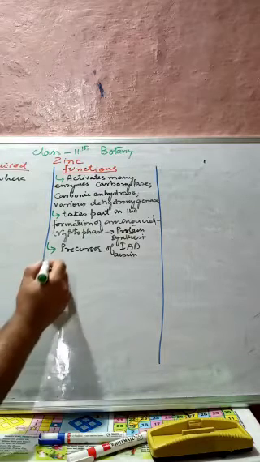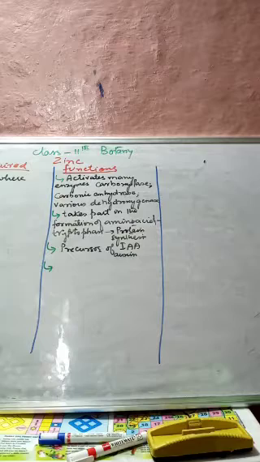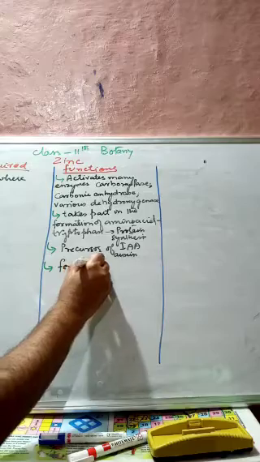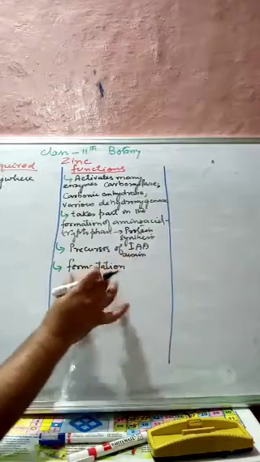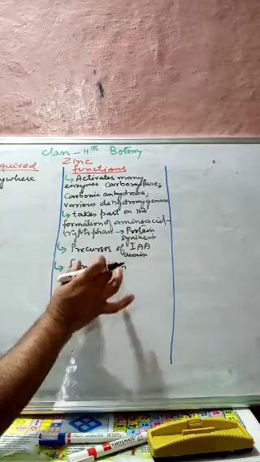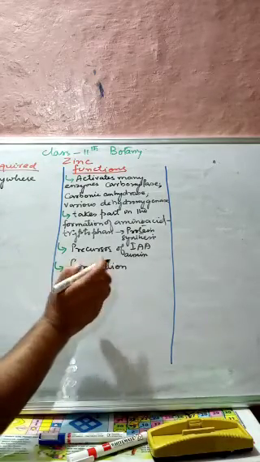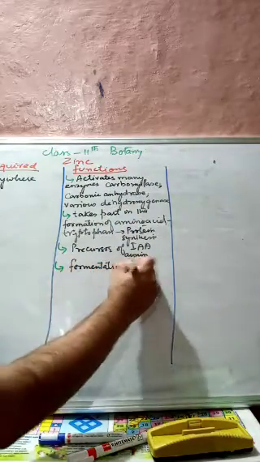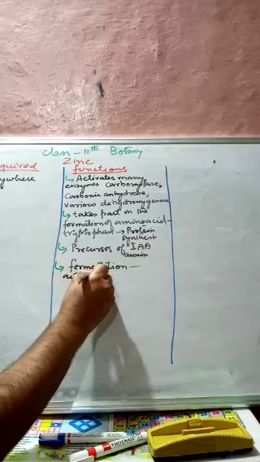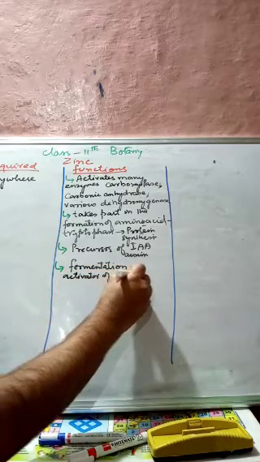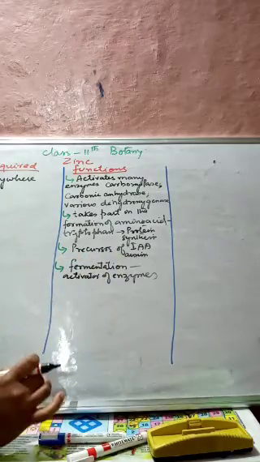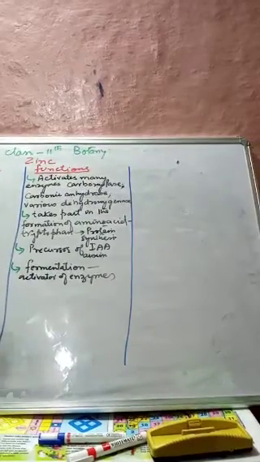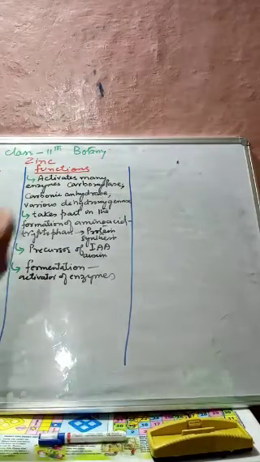And last one, it plays an important role in the process of fermentation, and thus it plays an important role as an activator of enzymes. Now, we know the functions.